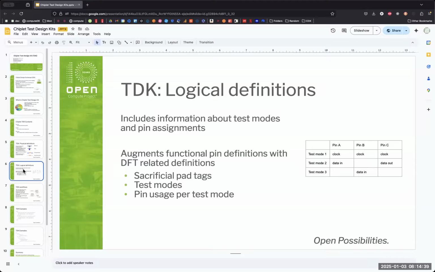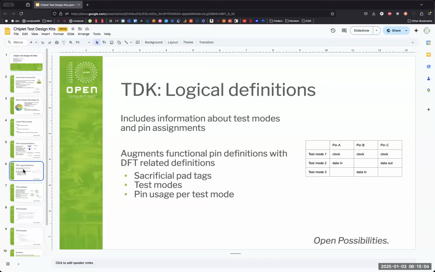It typically looks a little bit like a table that has the different pin assignments for different modes. So the definitions capture which pins are used in which test modes, if they're used. It captures how they're used at a pretty basic level. Captures clock and data in and data out.